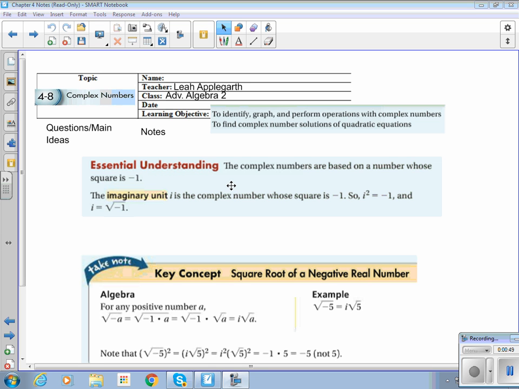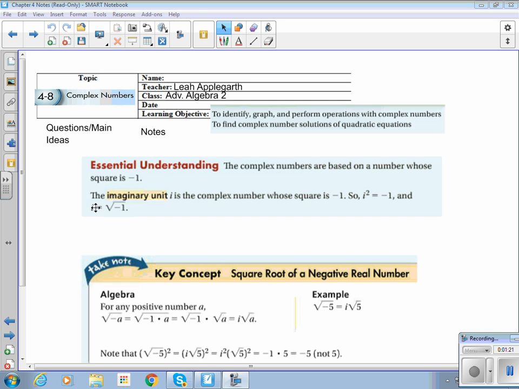The imaginary, so we had real numbers, now we're adding a section called imaginary numbers. The imaginary unit i is the complex number whose square is -1. So highlight this. i squared equals -1. And i equals the square root of -1.